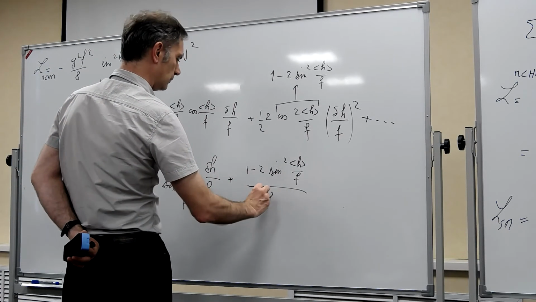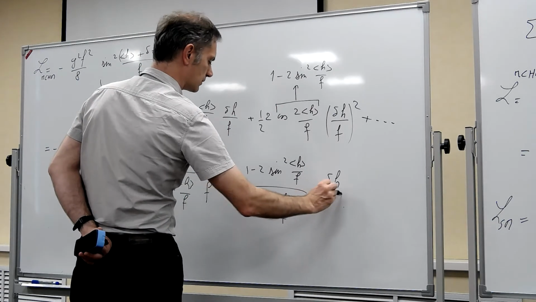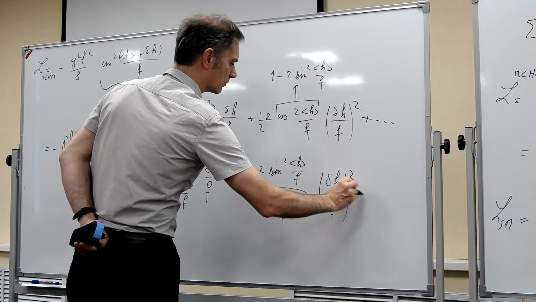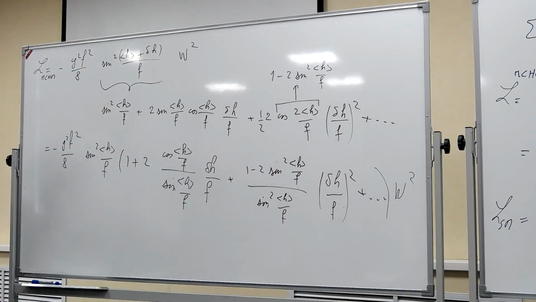And here this is v squared. And here this is simply 1 minus 2 v squared over f squared.